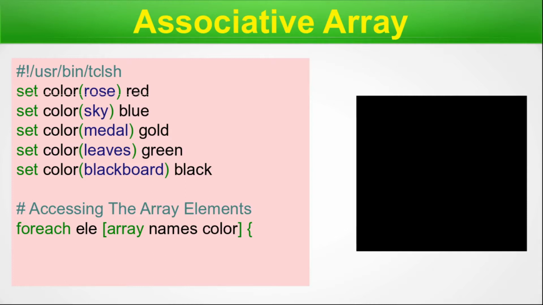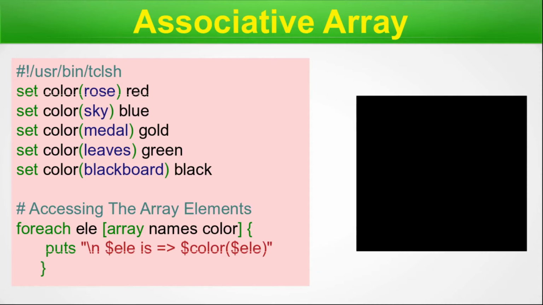And from that list we are picking one by one, and we are directly using a rectangular bracket here for this purpose to generate the list. So array names color. The keys are called names here. And we print out: $le is the element and its value is $color, then within first bracket is $le. So this way we will access the array elements, the values. And then we close the bracket.